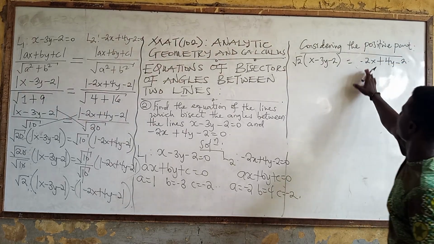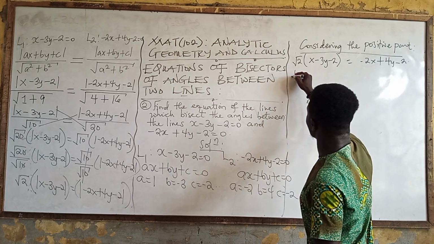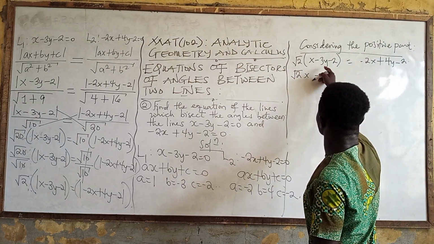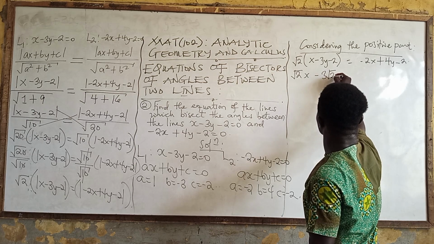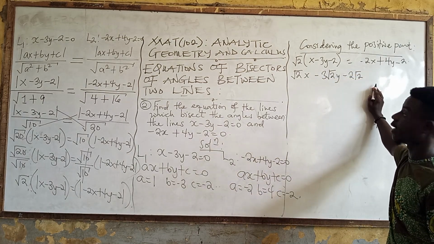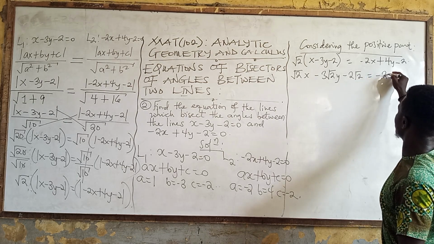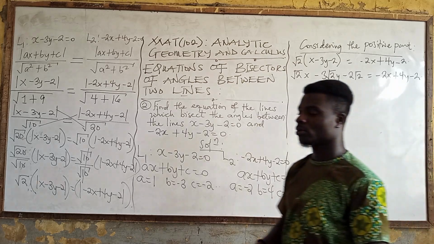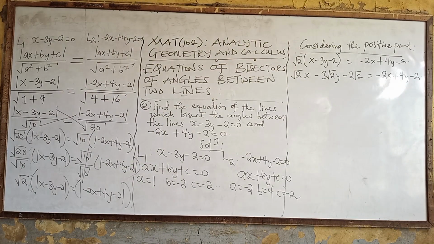So we take the positive aspect. So we multiply square root of 2x, then minus 3 square root of 2y minus 2 square root of 2, which will equal negative 2x plus 4y minus 2. So we have this here.